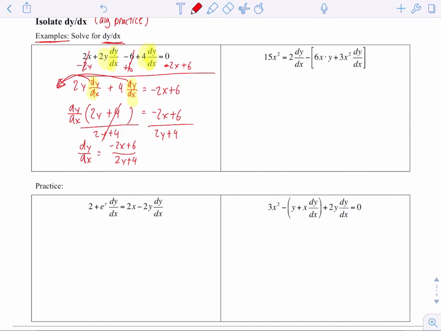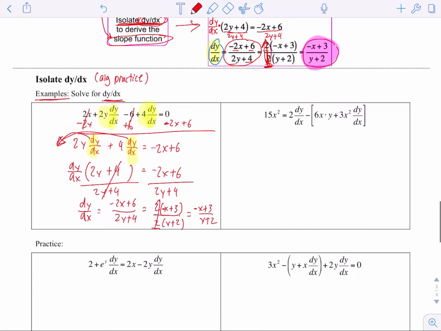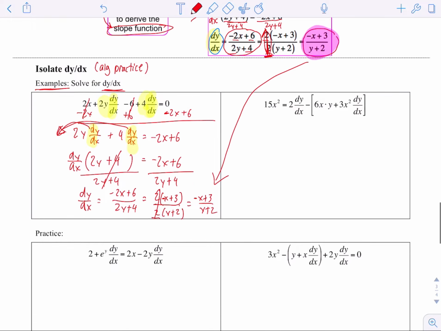We can factor out a 2 on the top and get x plus 3 over y plus 2, and there's a 1. Oh, I apologize, there's a negative here. Alright, fantastic. And that's just really a copy of this original problem.